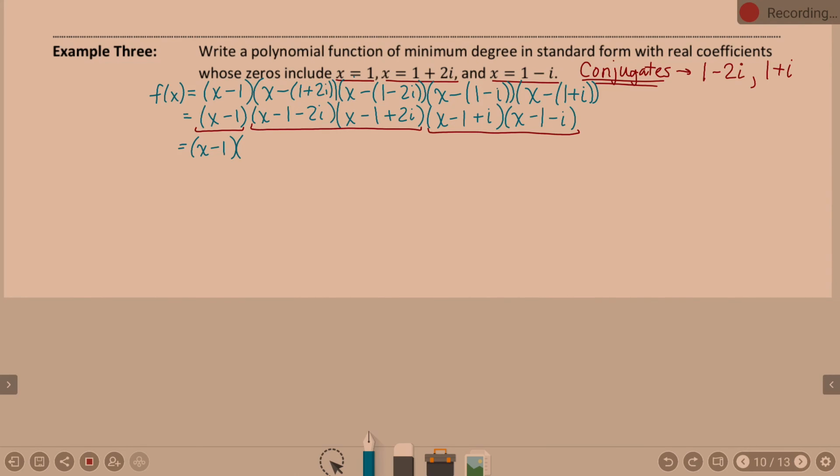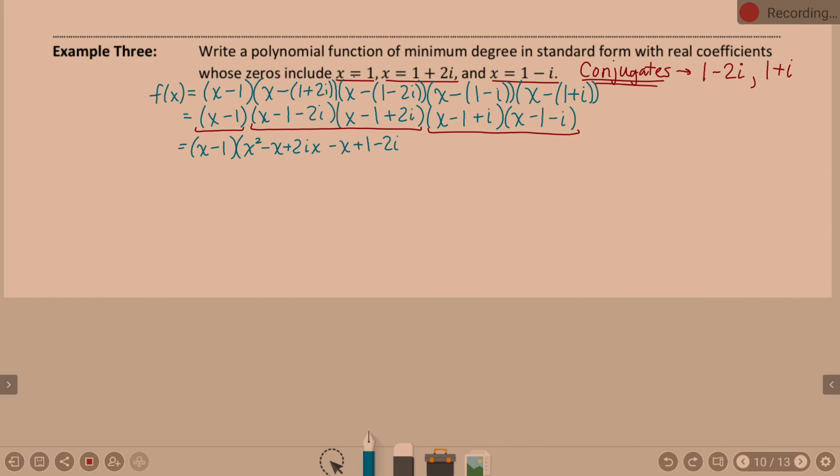So, x times everything in its other parentheses. So, x squared minus x plus 2ix. Negative 1 times everything in the next parenthesis: minus x plus 1 minus 2i.